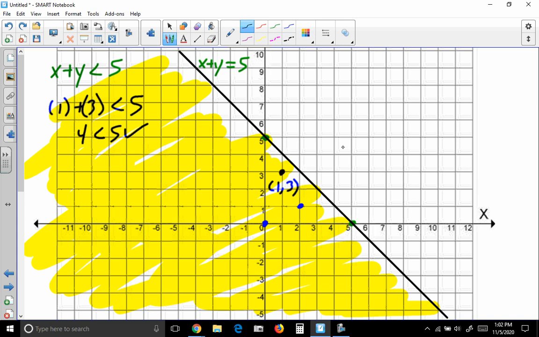Now, just for illustration, if we pick a point on the other side of the line, any point on the other side of the line, if we substitute that into our inequality, that's not a true statement. Hence, there are no solutions on this side of the line. So all of these points and the line itself are the solutions.